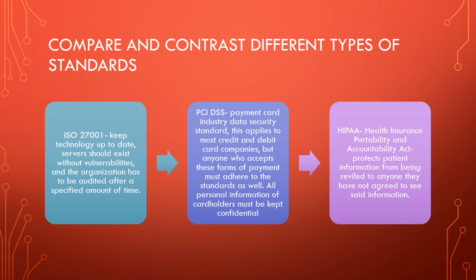This applies to most credit and debit card companies and anyone who accepts forms of payment from said companies. It basically means that all personal information of the cardholders must be kept confidential. And HIPAA, Health Insurance Portability and Accountability Act, protects patients' information from being revealed to anyone they have not agreed to see the information who is not a medically required physician.